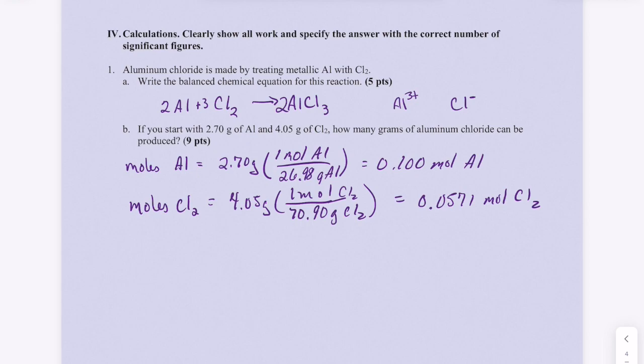So we'll start with aluminum. And with the aluminum, here we're going to calculate the mass of aluminum chloride from the aluminum starting amount.